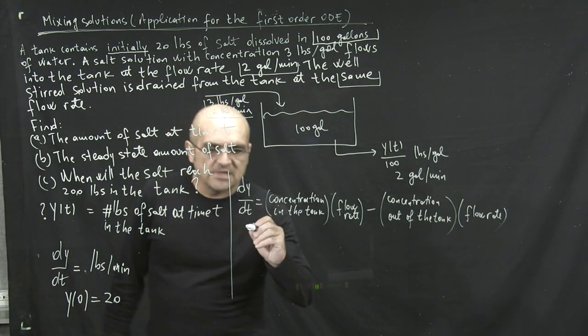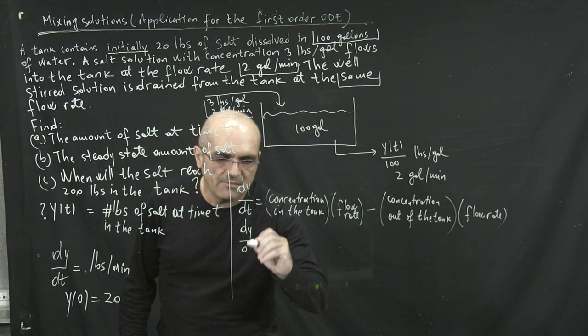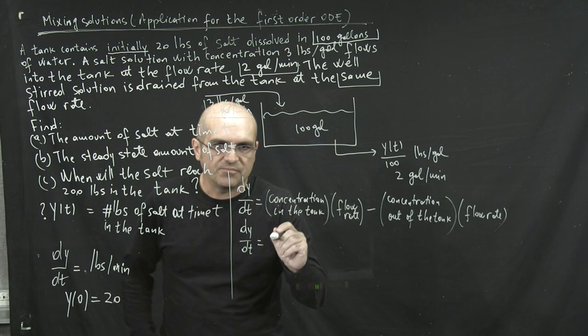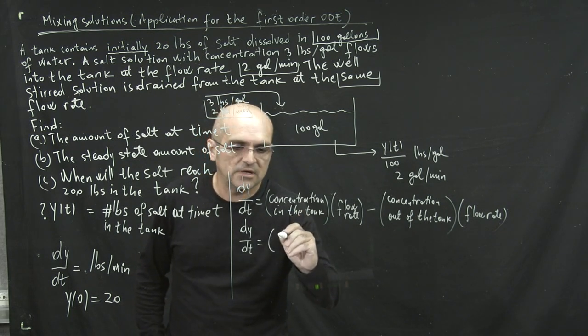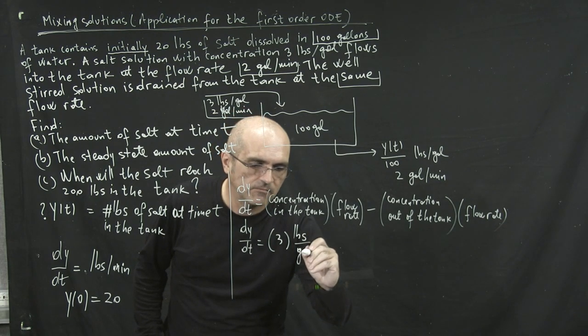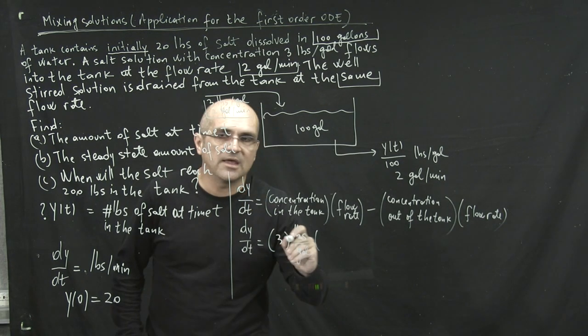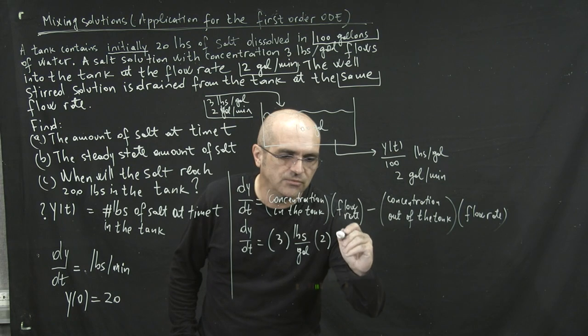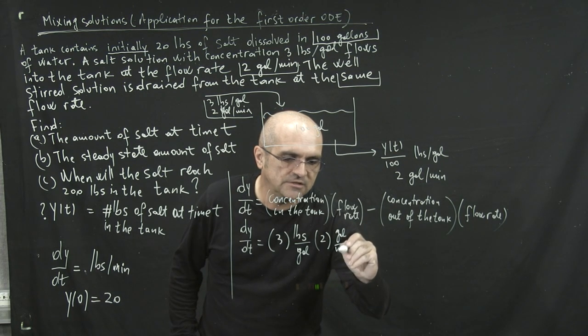So in our case, dy/dt, or y prime if you want, is the concentration that comes in, which is 3 pounds per gallon, multiplied by 2, the flow rate, which is gallons per minute.